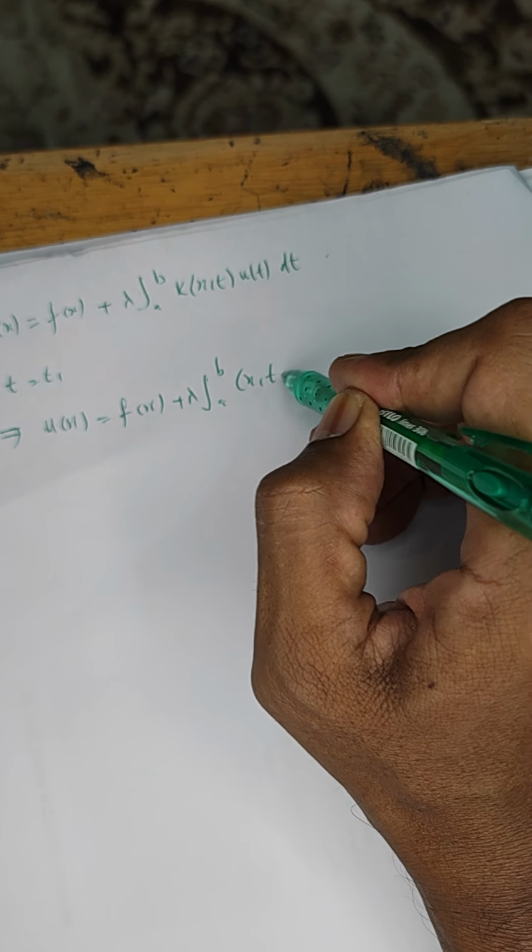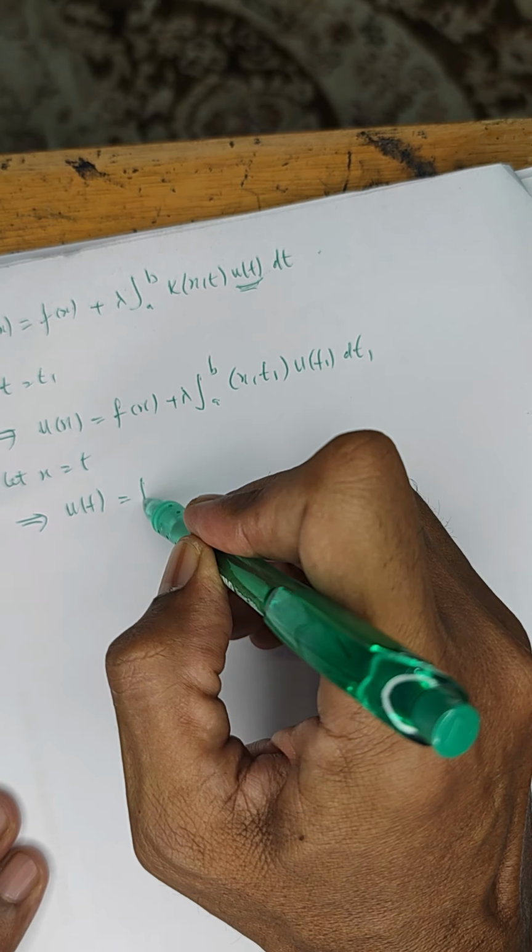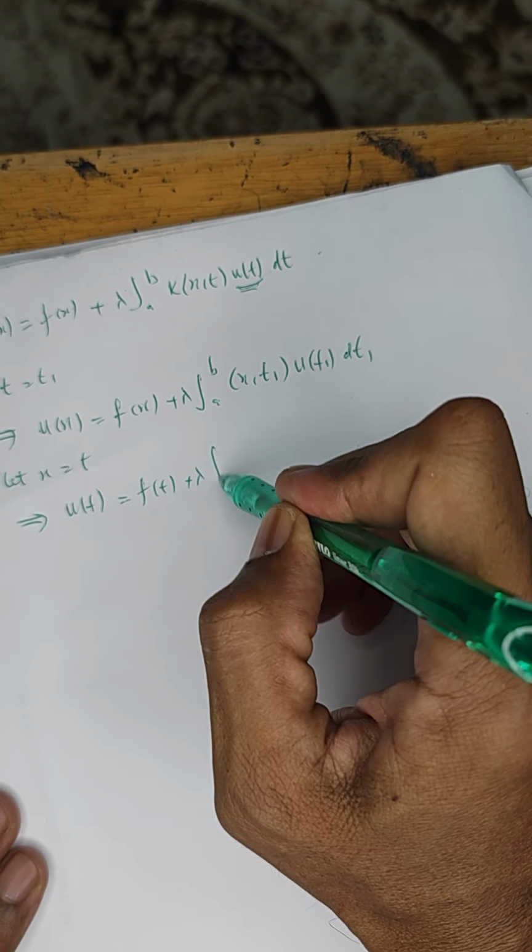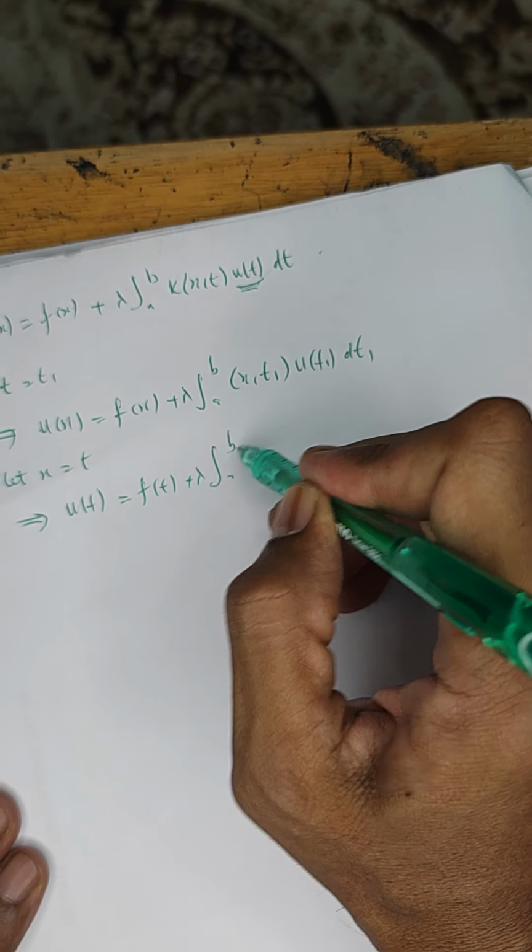So I can write u(t) is equal to f(t) plus lambda integrate a to b k(t,t1) u(t1) dt1. Okay, now let's call this equation 1, just to make it easier for us to refer.